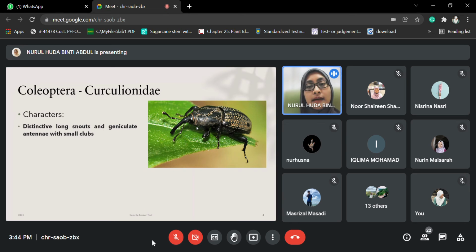Okay, and then depending on the species, juga let's say tadi we have Cosmopolites sordidus kan. Yang tu dia punya size is we consider it as medium to large size lah. Okay. So you can describe that as well. So selain tu apa lagi yang kamu nampak here in the picture?